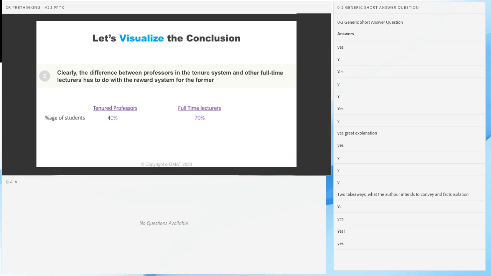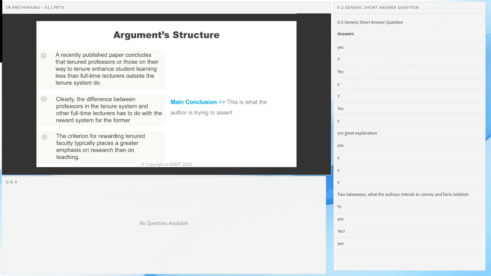So in other words, if you were to visualize the statement, let's assume that tenured professors help 40% of the students get significantly better, and full-time lecturers help 70% of the students get significantly better overall. Okay. Now, the reason for this distinction is the reward system.